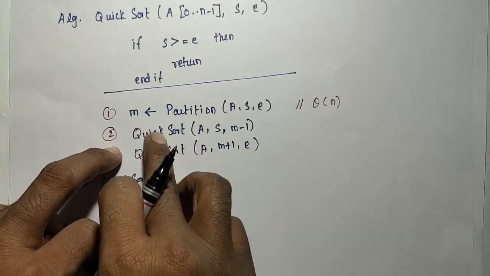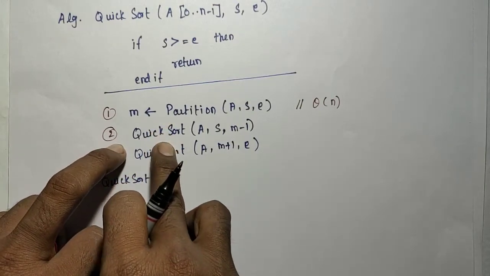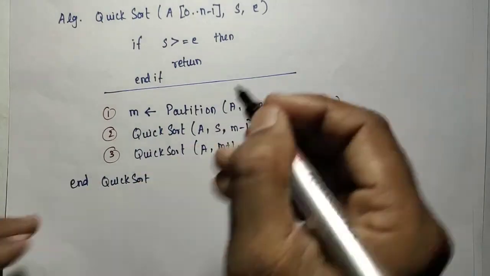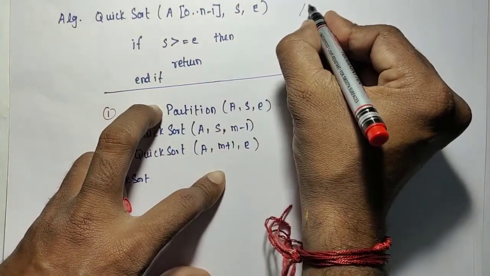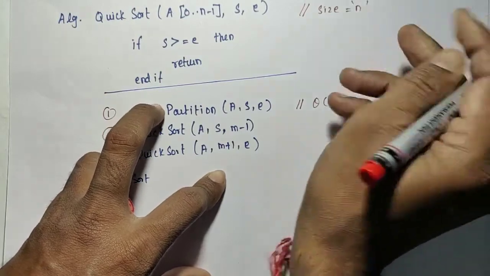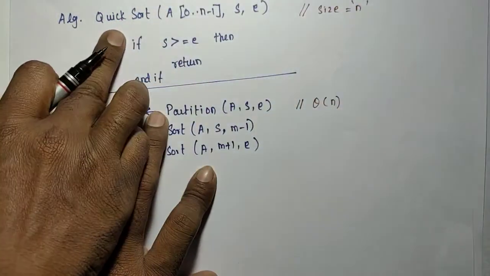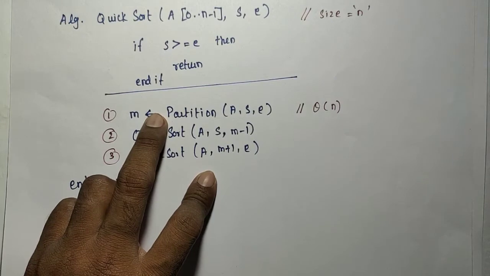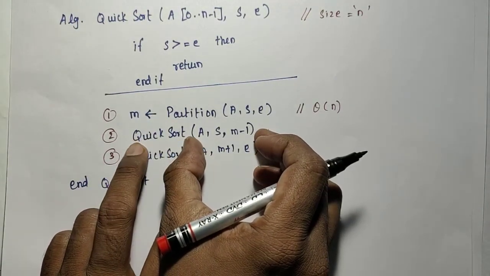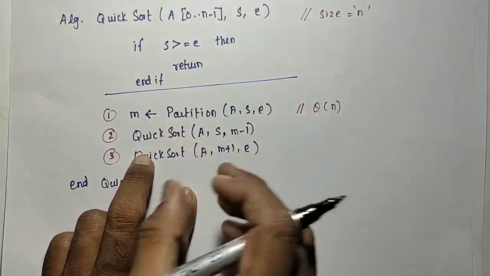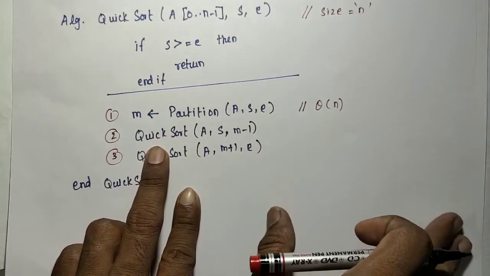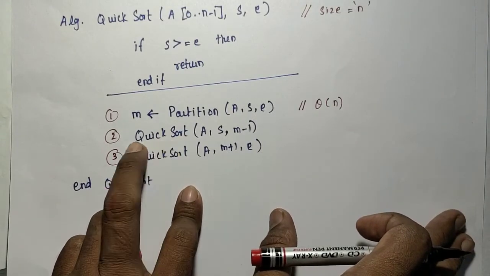Now we need to analyze the quicksort on the subproblems. Here the size of the main problem is n, since for n elements we are applying the quicksort algorithm. So what about the size of the subproblems? To find the complexity of a recursive function, I need to know the size of the recursive call.